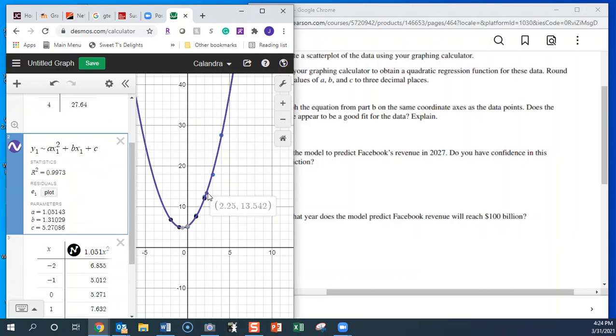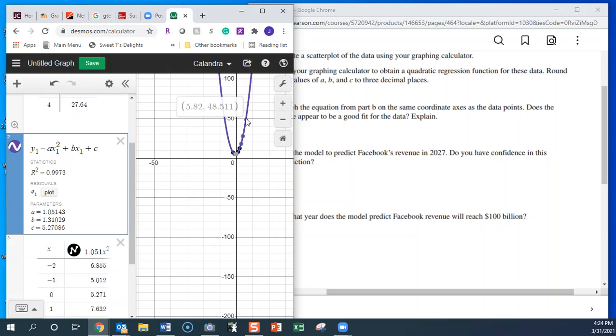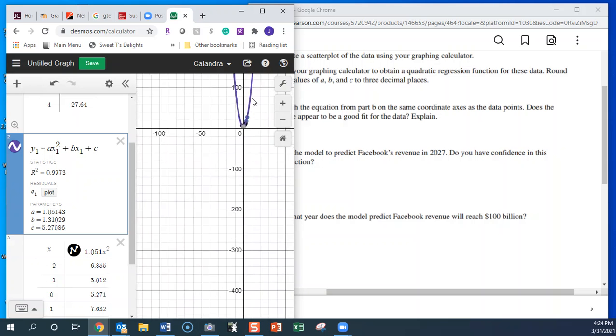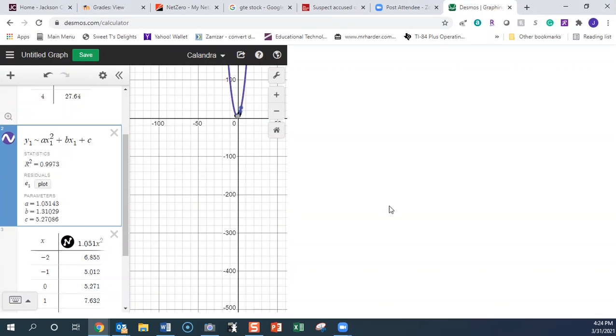We take this here and move this along the graph. That's kind of hard. Well, let me do this here.